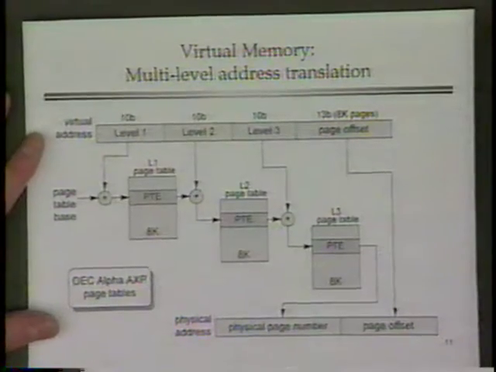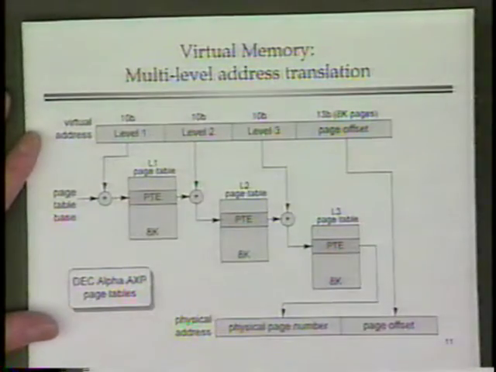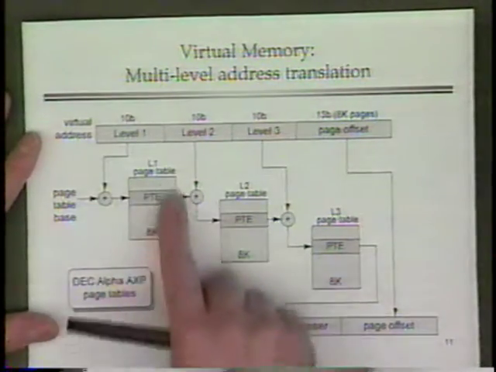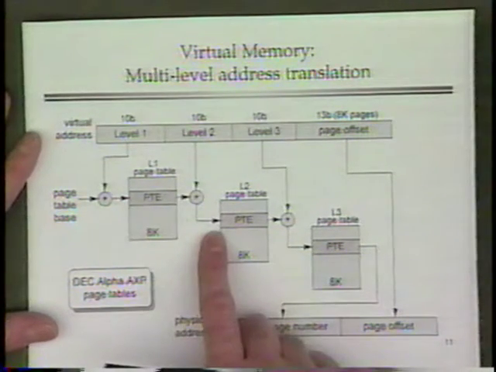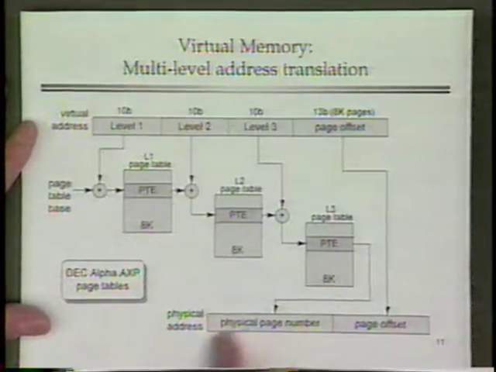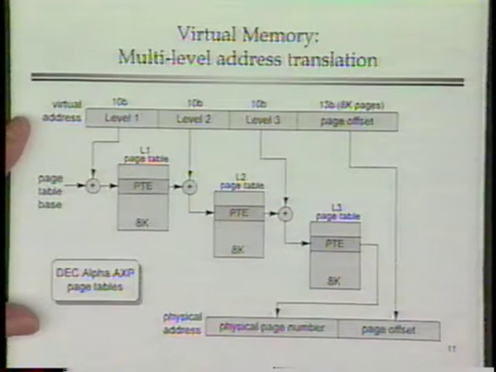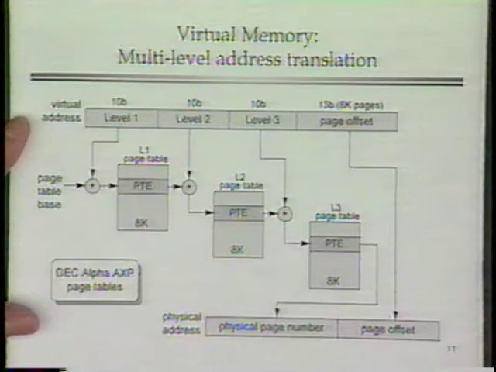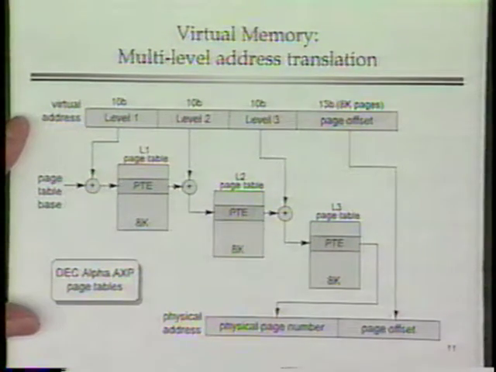This is a typical multi-level memory address translation where you divide the virtual address into different parts, and you use each part to look up an entry in a page table, which either points to another entry in a page table, which might point to another entry in a page table, which eventually will point in main memory to a physical page. Or the entry is marked saying that page doesn't exist, or that page exists but is not in physical memory, it's out on disk.